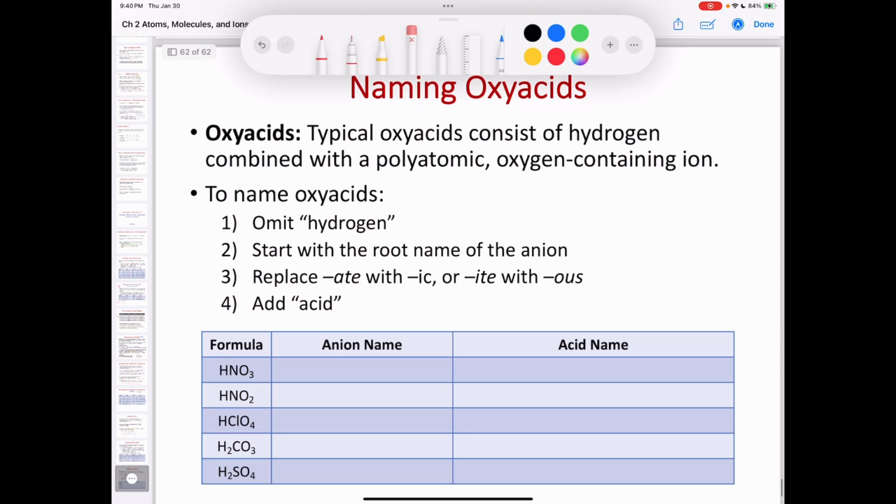All right, now what if we have an oxygen in there, in our acid, okay? In that case, it says here to name an oxyacid, we get rid of hydrogen, so we leave that out. It says start with the root name of the anion, so I'll show you how to do that. Then you replace it, if your polyatomic ion ends with ate, like nitrate, you change it to ic. So from nitrate to nitric.